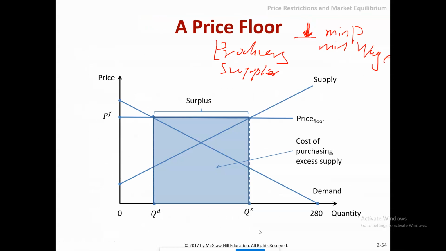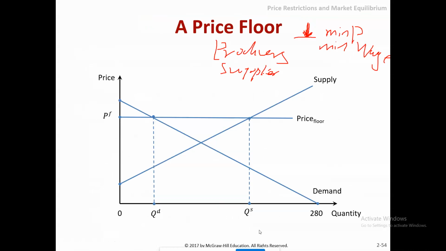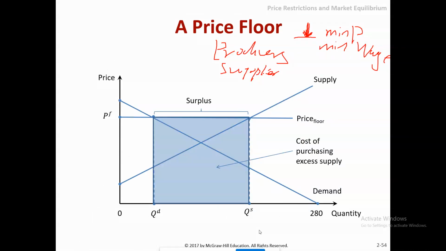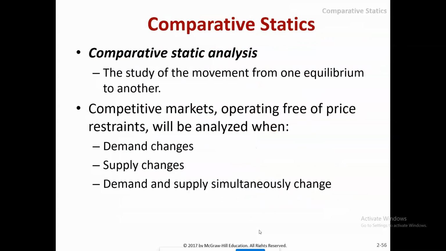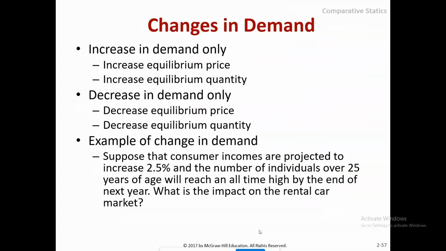Now, imagine we're in a static situation. Imagine demand and supply don't change, so we do equilibrium analysis. But in the real world, things are changing all the time, resulting in a demand change, a supply change, or the two of them changing at the same time.